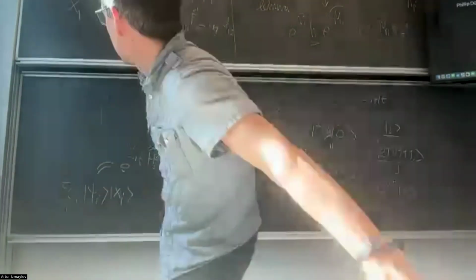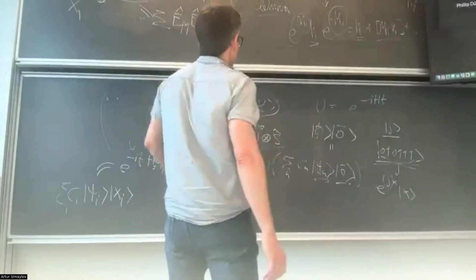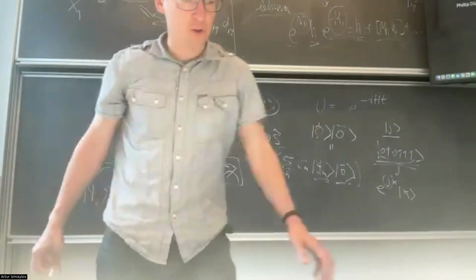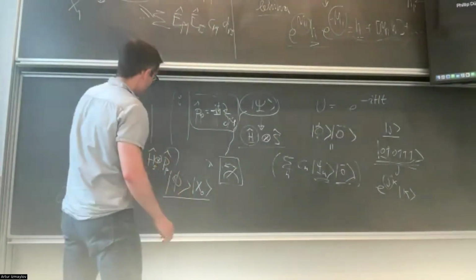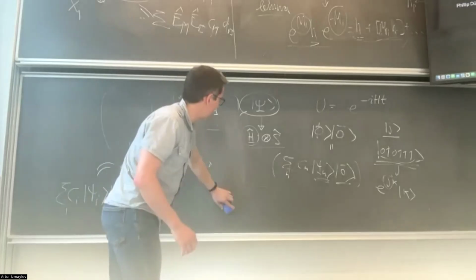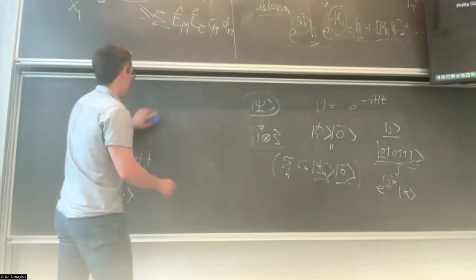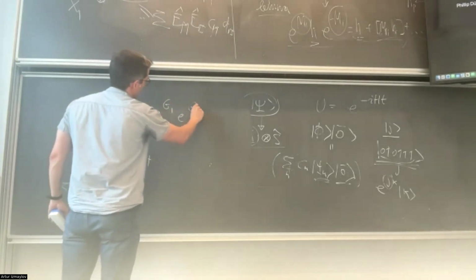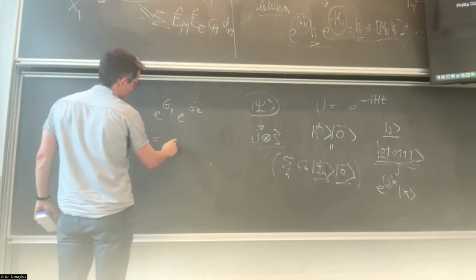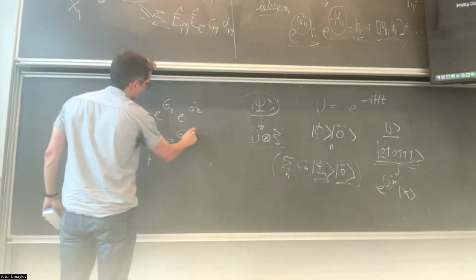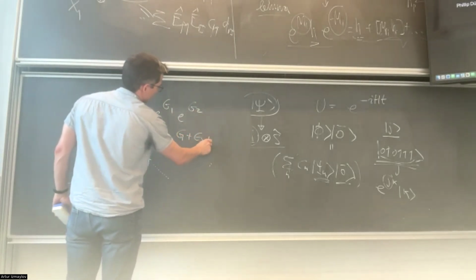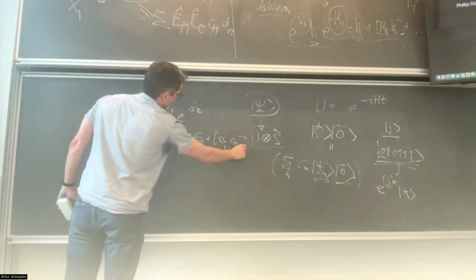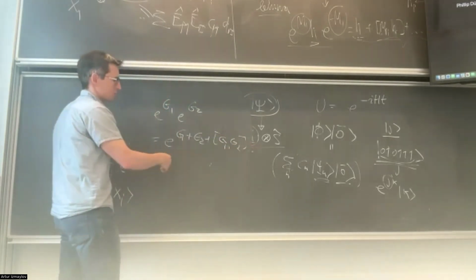So it goes through the Baker-Campbell-Hausdorff expression, right? Because if you have a product of two exponential functions, e to the g1 and e to the g2, then you could always write it as an exponent of g1 plus g2 plus commutators of g1, g2, and other nested commutators of g1 and g2.